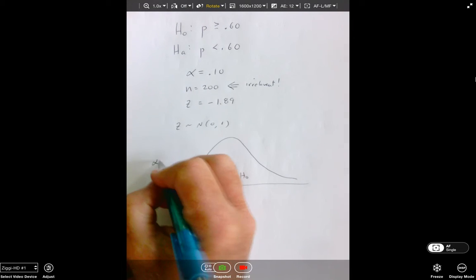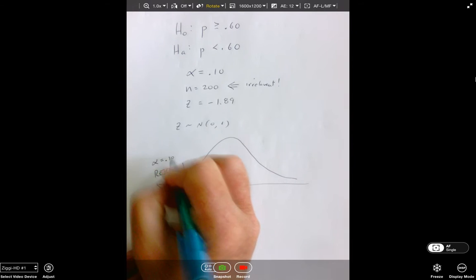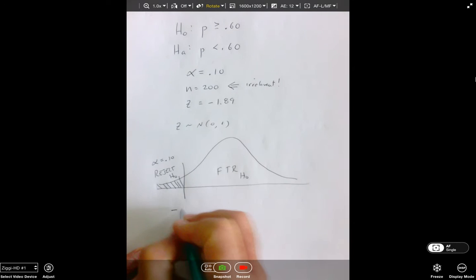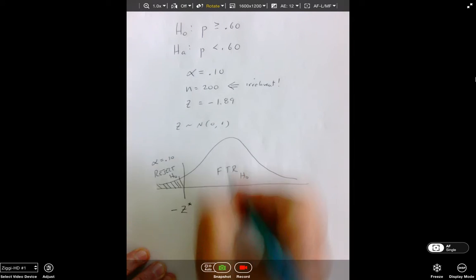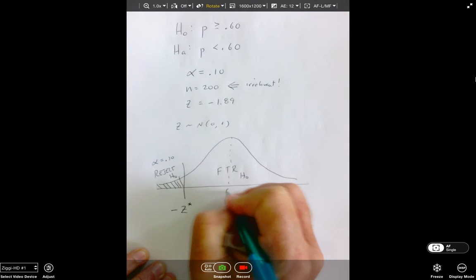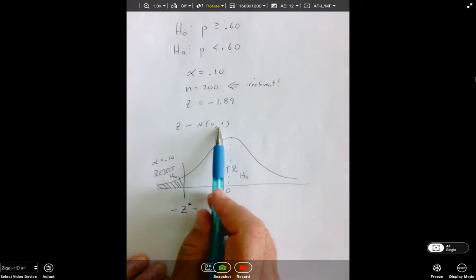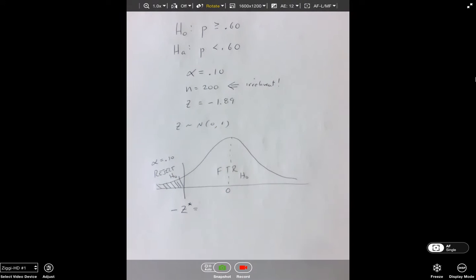Remember, our alpha value corresponds to the area in the reject region, either total or wholly. And this is wholly because there's no two-tail test. So I want to find the negative z star here. And again, remember, the mean is 0 when we standardize something. For the z distribution, I want to find the z critical that has 10% of the distribution to the left of it with mean 0, standard deviation 1.